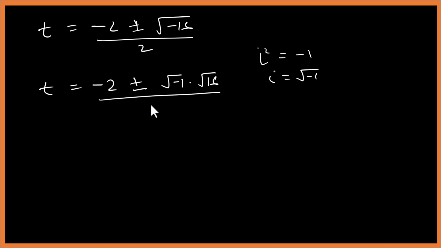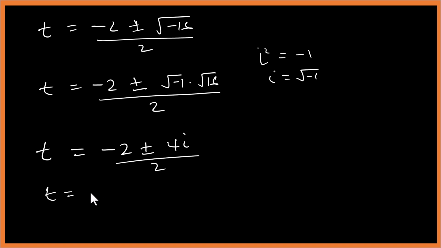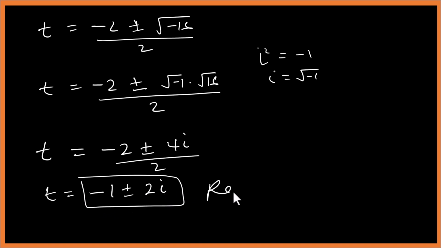So minus 2 plus or minus i times 4, since square root of 16 is 4. So that will be 4i on 2. So we have minus 1 plus or minus 2i. So this one is rejected.